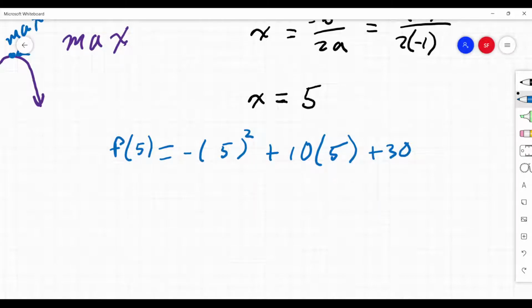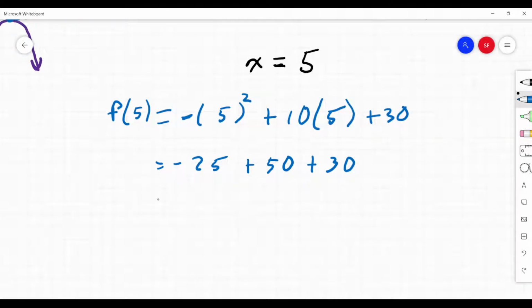That's a lie. What is negative... What is 5 squared? What is 10 times 5? 50. Oops. Very close. So absolutely close. So then 25 plus 30 is 55.